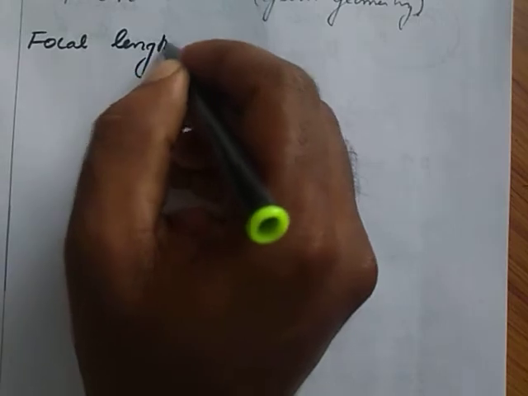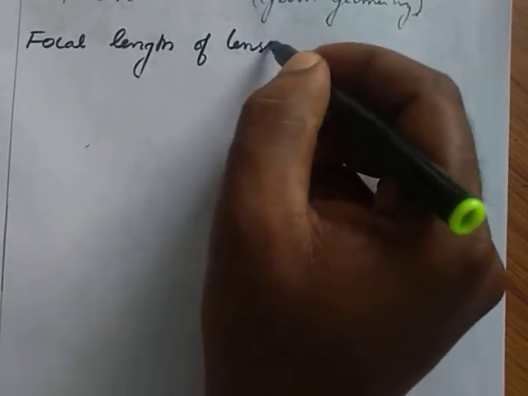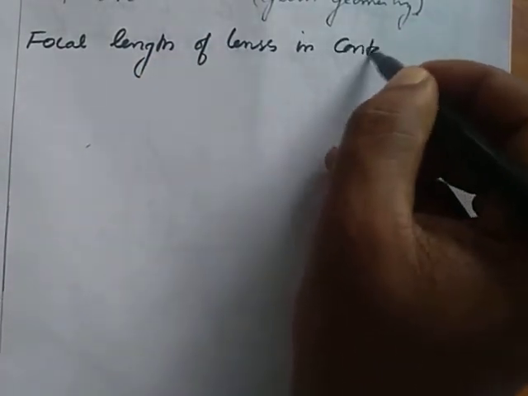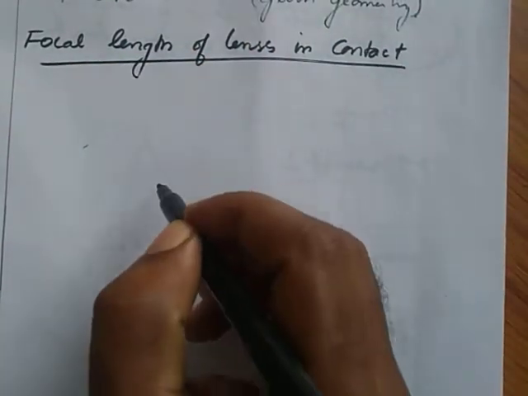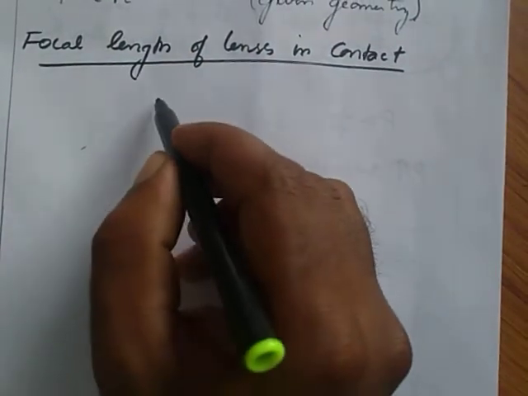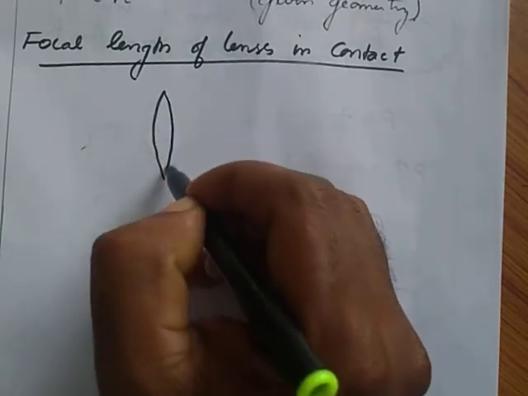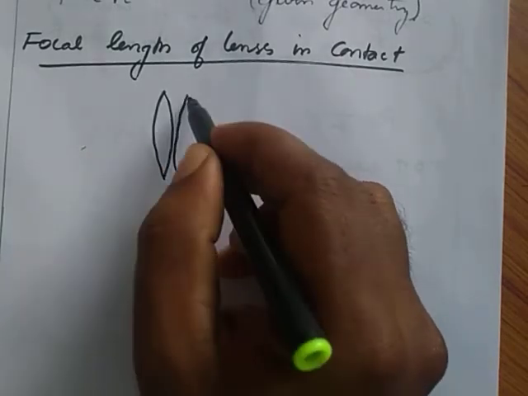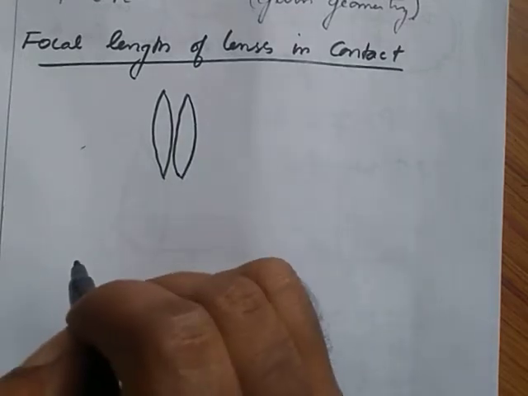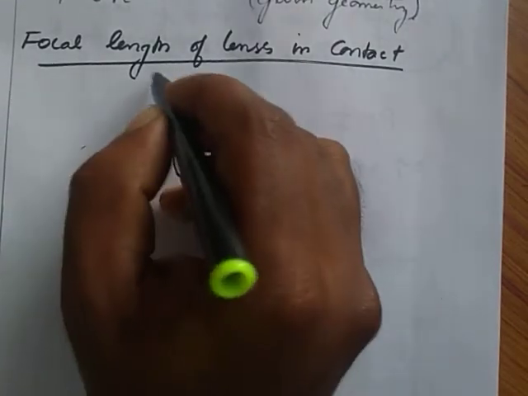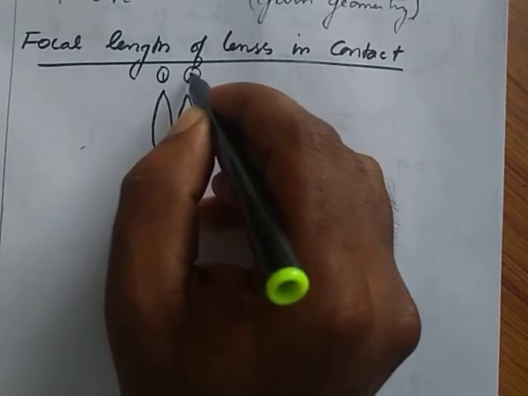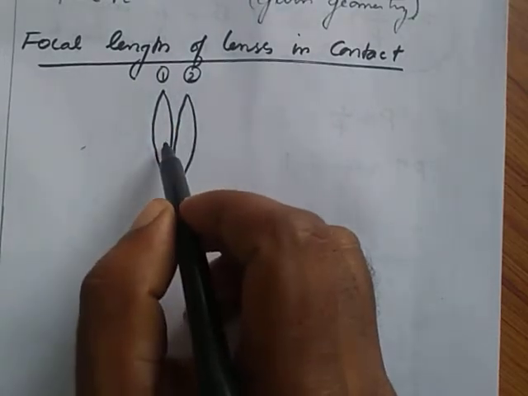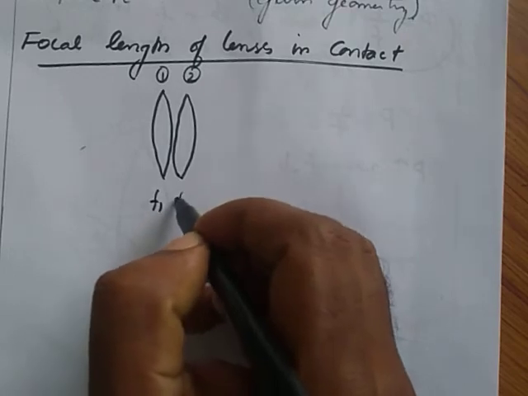Then our next topic, focal length of lenses in contact. Here I consider two lenses, lens 1 and lens 2, having focal lengths f1 and f2.